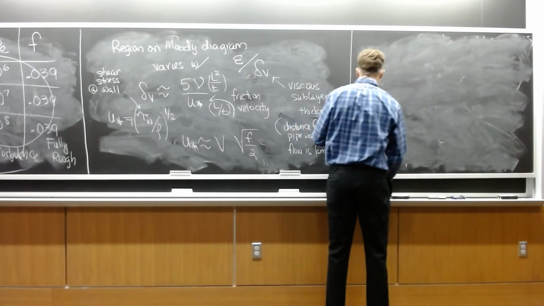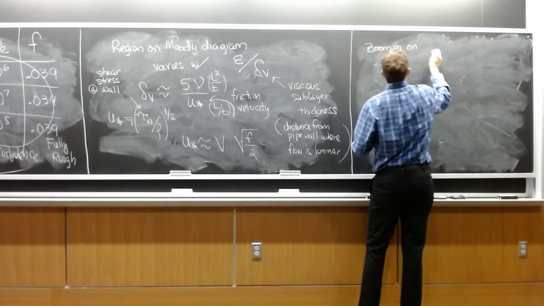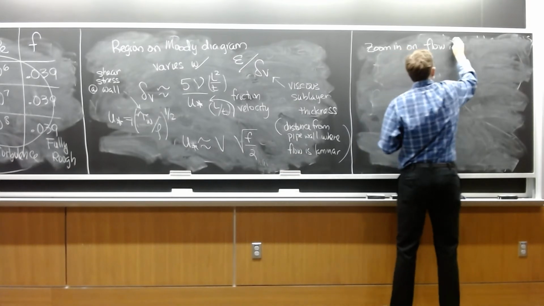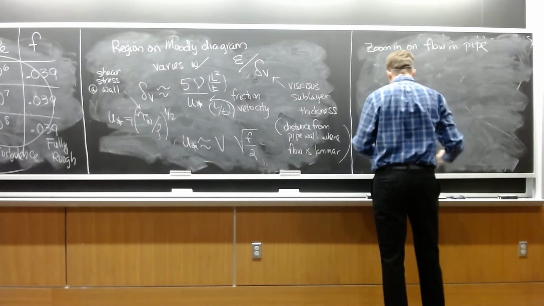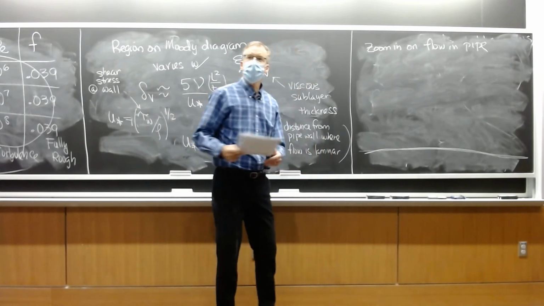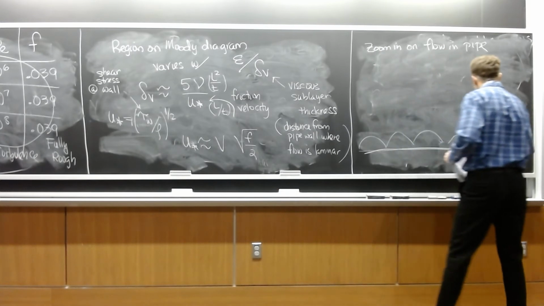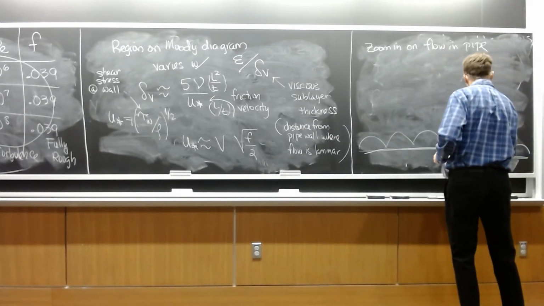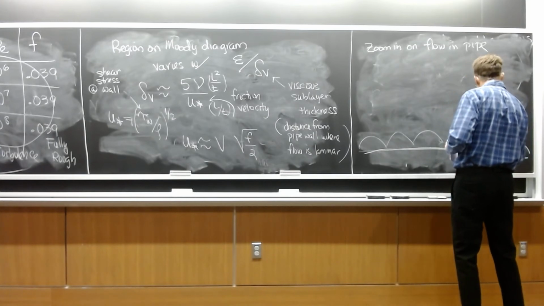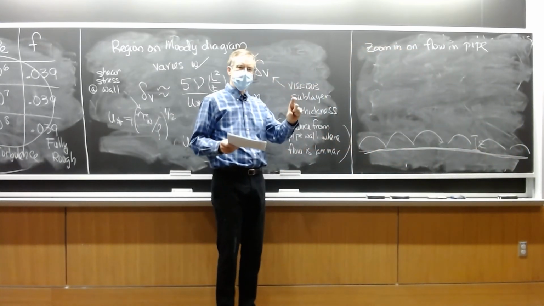And now we're zooming in on a pipe, and the pipe has some roughness. It has some bumps on it that have a height epsilon.